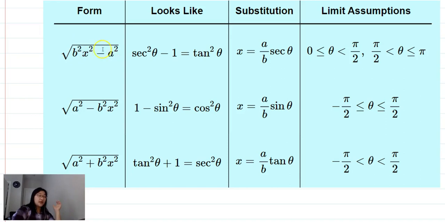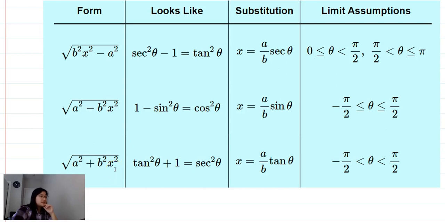It happens when you have your variable expression as your hypotenuse and your constant term as a side. And here your constant term is going to be your hypotenuse, and your variable term is going to be your side. And here, your hypotenuse is going to be the unknown side.